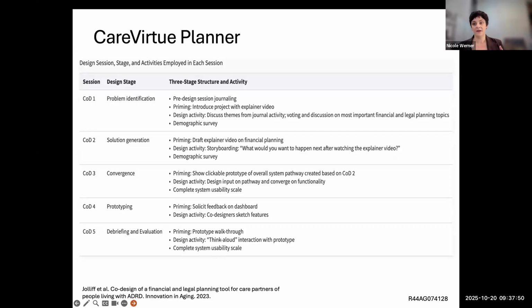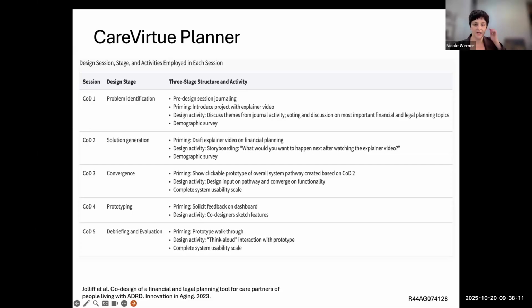And then we had them share their journaling activity and vote together on the most important financial and legal planning challenge topics that we wanted to address in our solution.